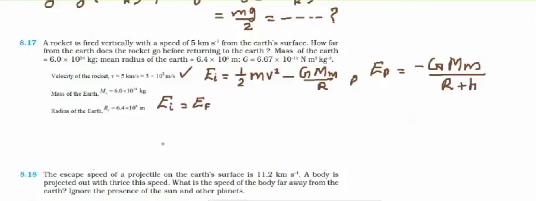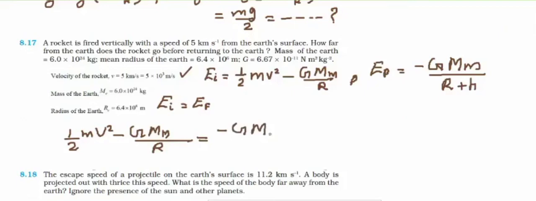So that you get an equation for the rocket, that is half mv square minus GMm by r is equal to minus GMm divided by r plus h.